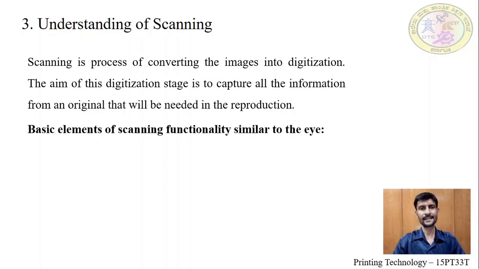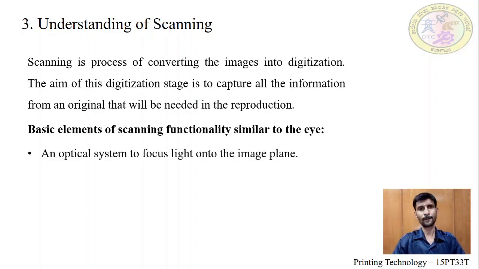The basic elements of a scanner function similarly to our eyes. The optical system focuses light onto the image plane so that it can capture the images. Then we have light sensitive receptors, which convert the captured image data into electronic signals.